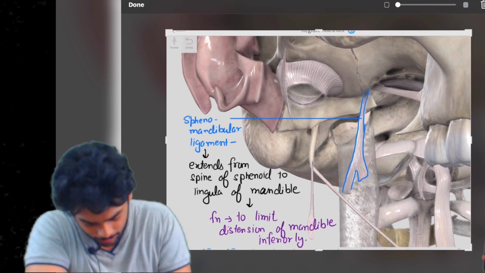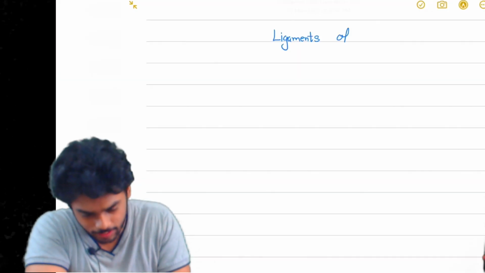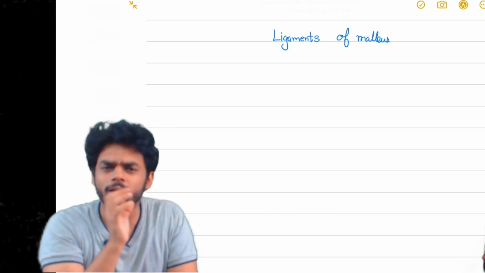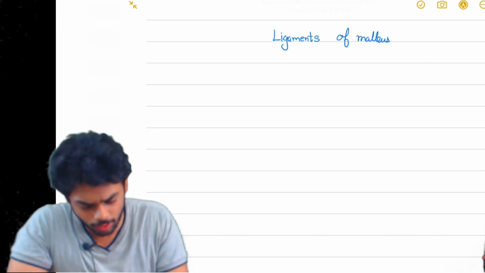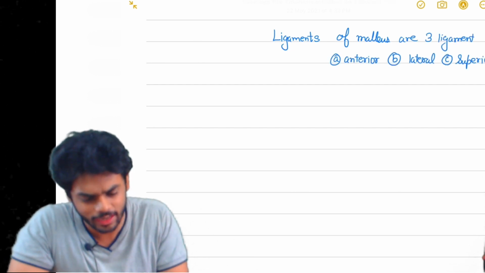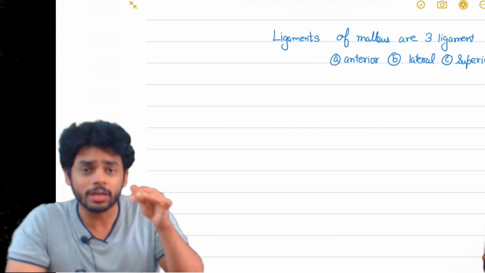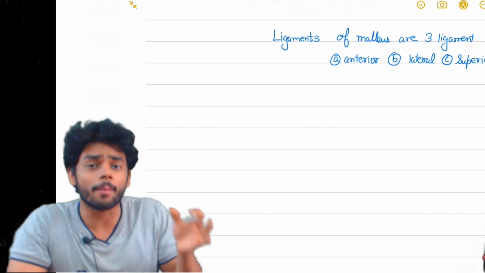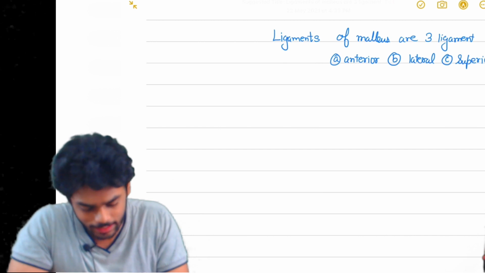Now we will study the other ligament, that is the anterior ligament of malleus.